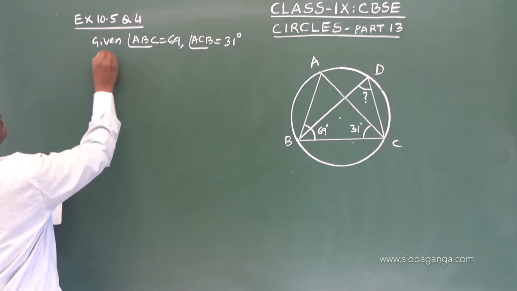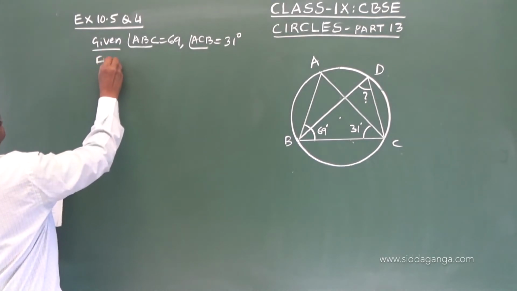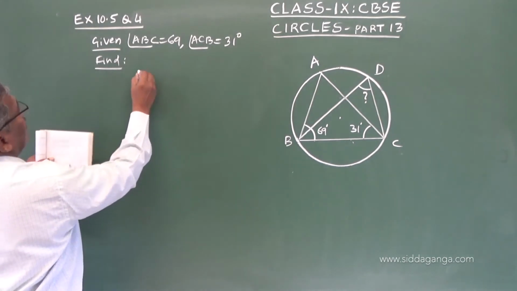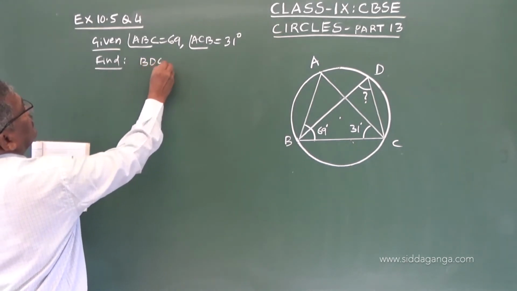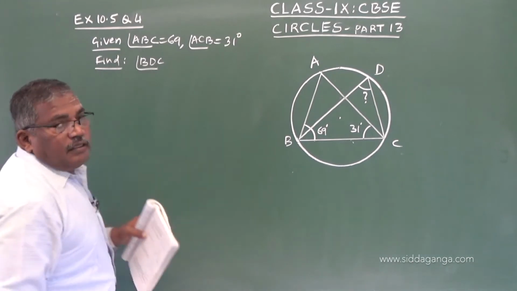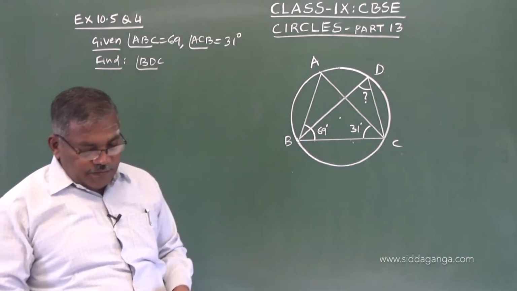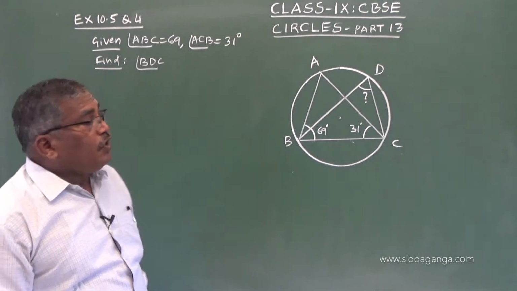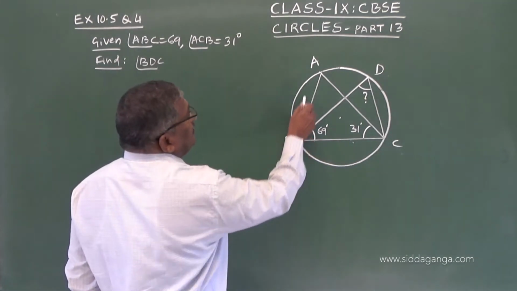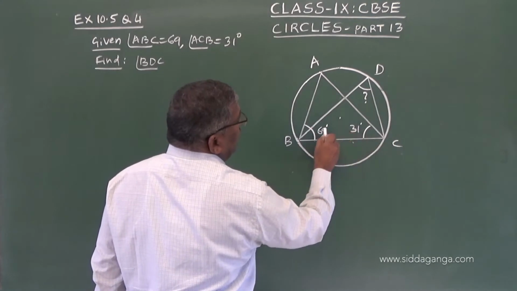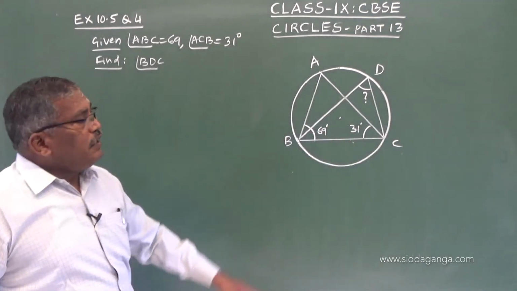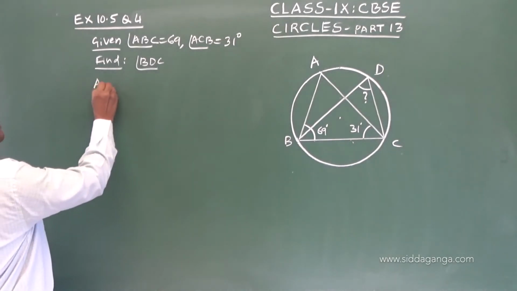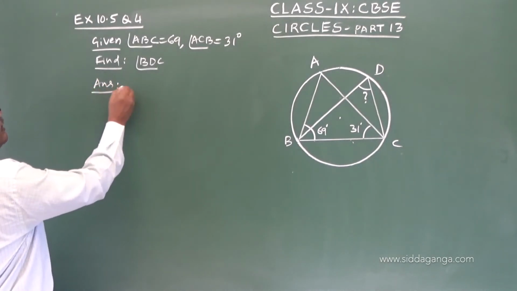Find angle BDC, and the sketch is readily given. Now observe here, in a triangle ABC, 2 angles are given. We can easily find out the third one. So you have to proceed like this.